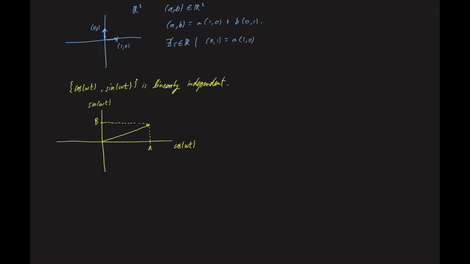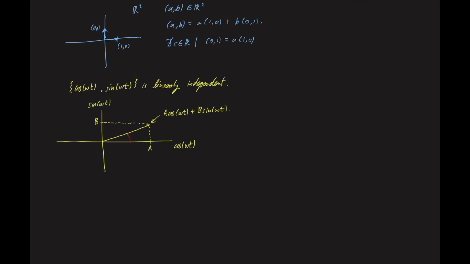This vector corresponds to a cosine omega t plus b sine omega t. And we can ask the question, what if we were to rotate this space by an angle phi?